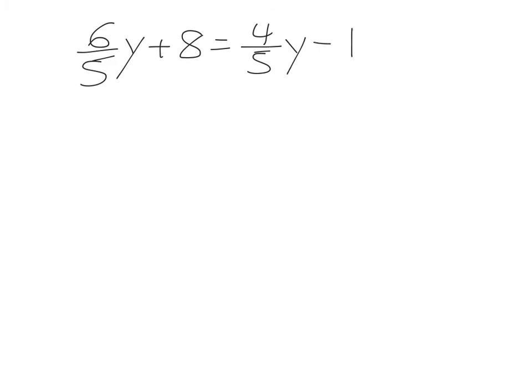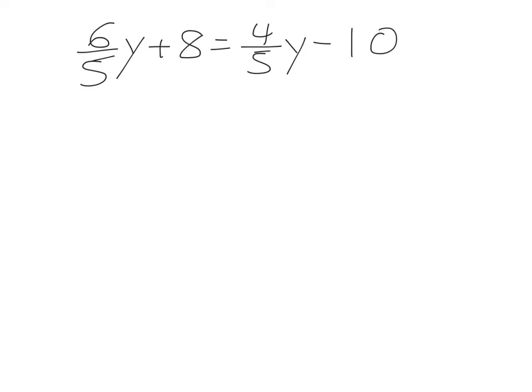Okay, take a look at this problem. Now I'm going to throw in something that's going to show you why we've done other things before, which is 6/5 y plus 8 equals 4/5 y minus 10.